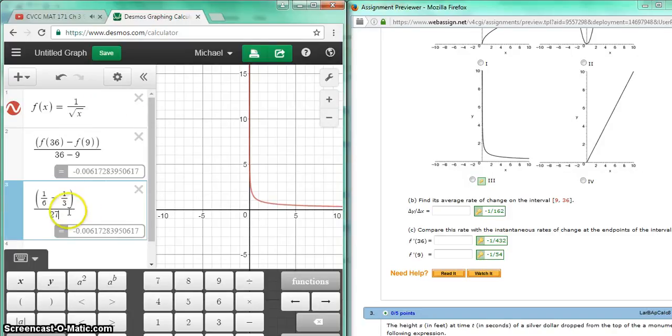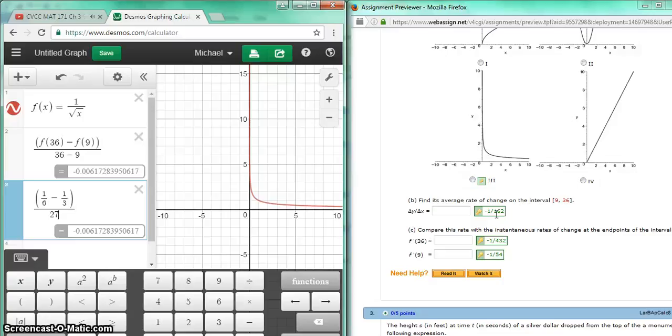Right, so we get the same answer, but they want the fraction answer. And so I don't know if there's a magic way on Desmos to convert, but if you have a calculator, a lot of times you can plug in your decimal numbers and it'll give you a fraction.